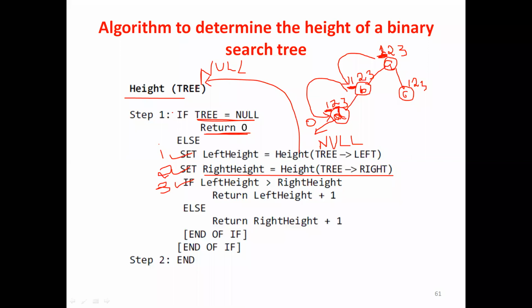Again, the right tree is null. Right tree is null. This is nothing but the height function. Height function is called.